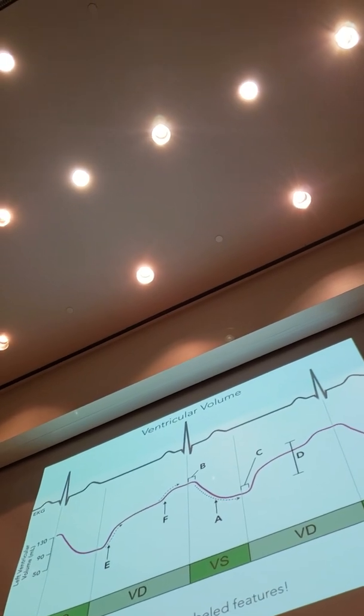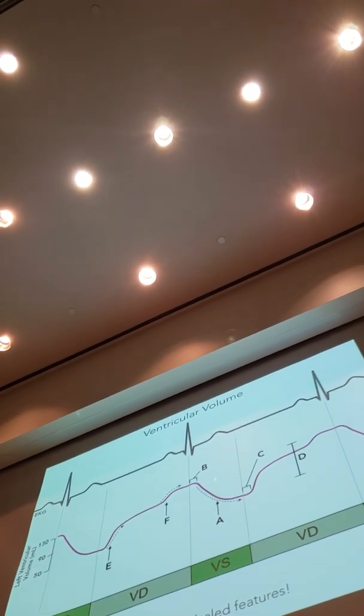Let's look at B then. What's happening there? Looks like we're in ventricular systole, right? According to what we've identified. What's happening at B? Yeah, isovolumetric contraction. So that phase is really short, isn't it?